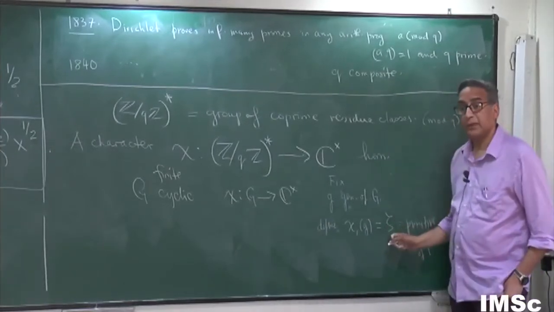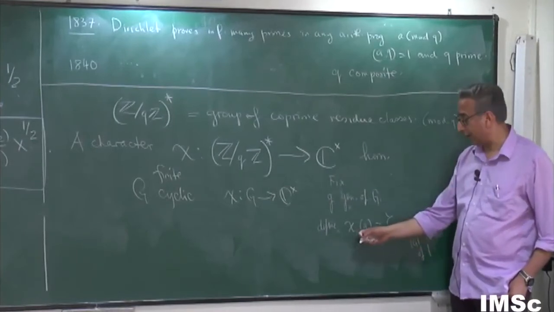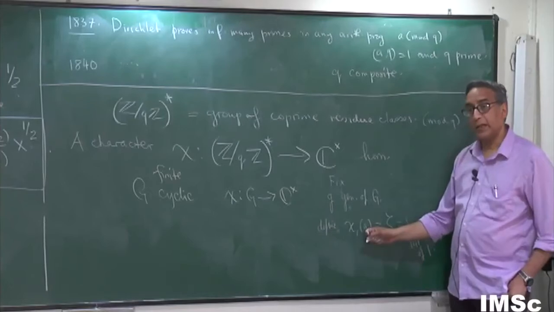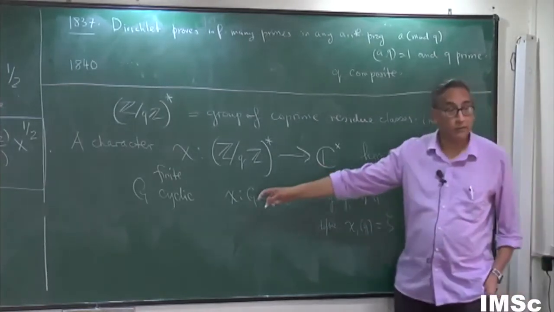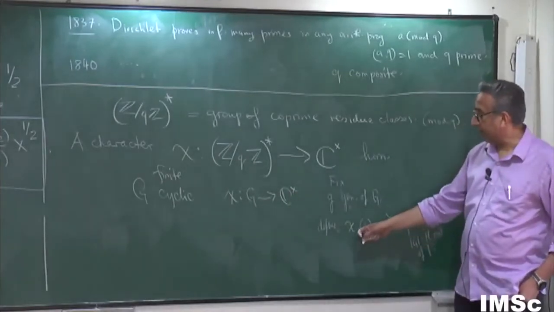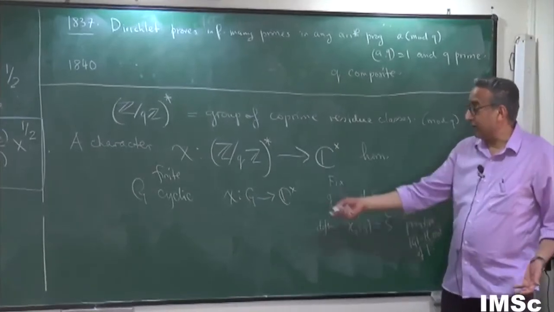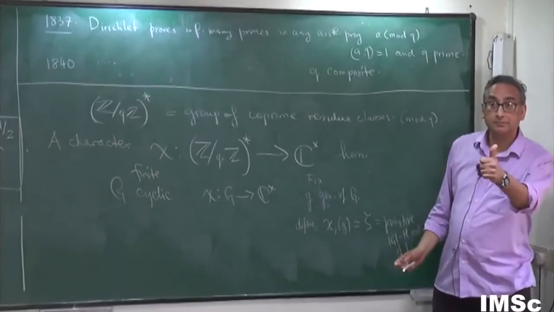So fix a primitive gth root of unity and just define chi1 on this particular element to be that primitive root of unity. And because it's got to be a homomorphism, all the powers of this thing are now defined. You've defined the whole chi1 on the full group. Okay? So that gives you one character.